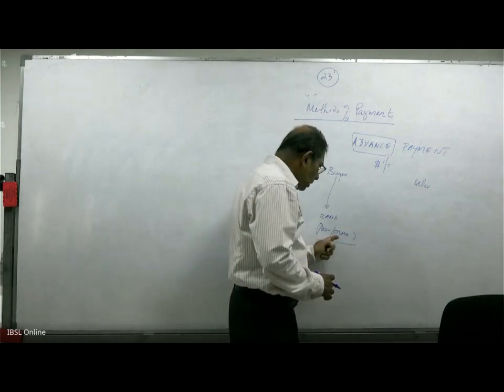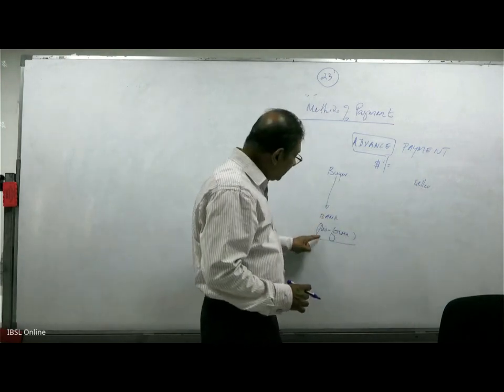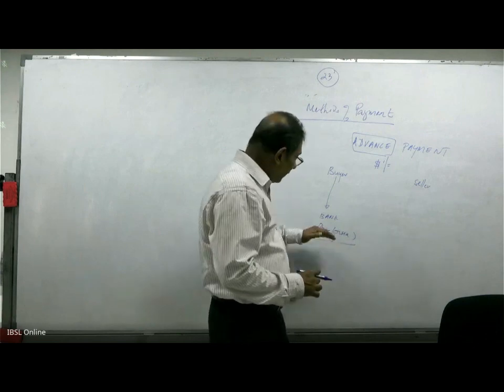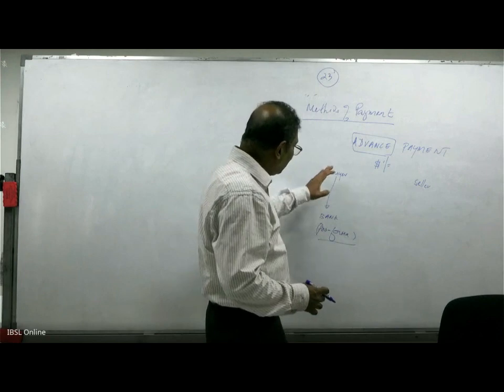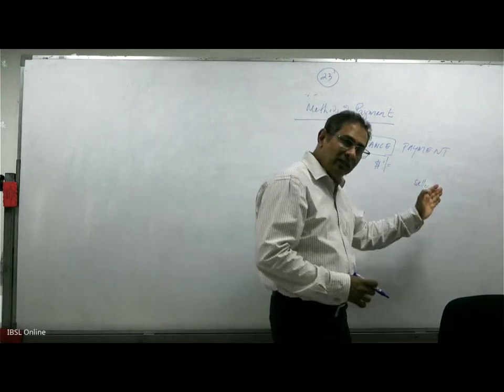So the banker, knowing very well that it is not legally binding, why does the bank still insist on a pro forma? Because they want to know whether there is a sales contract between them.